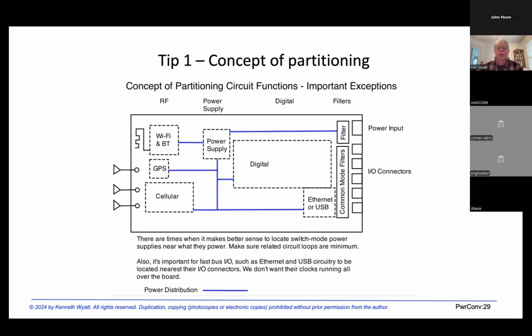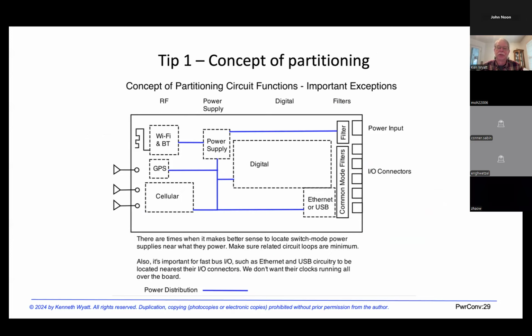I mentioned the concept of partitioning earlier, where we want to separate out known noisy functions from quiet circuitry. And so this is just one concept drawing where we have on the right-hand side all our I/O connectors and power input, and all the filtering is right next to those connectors.